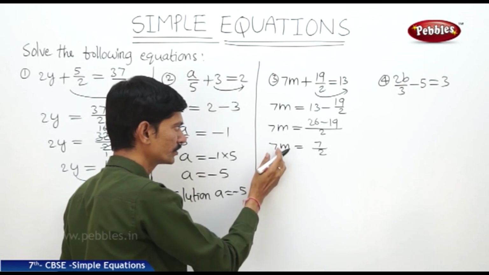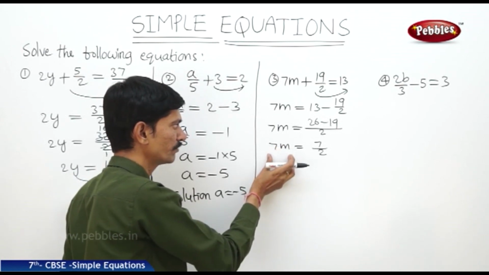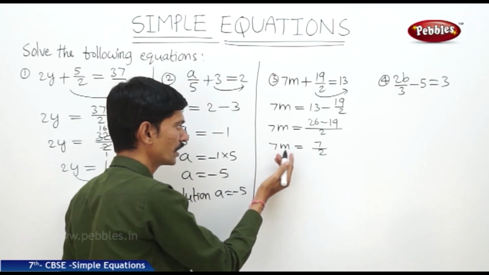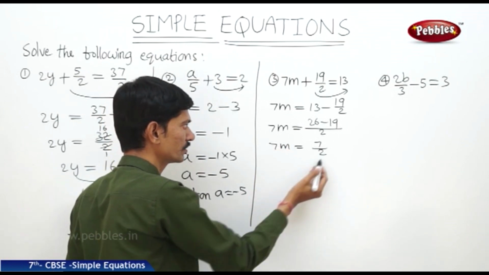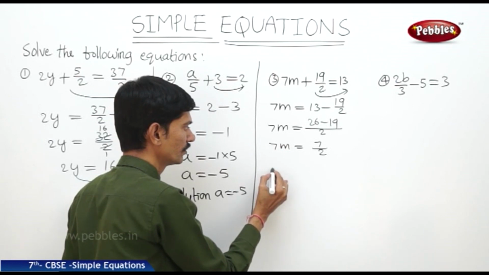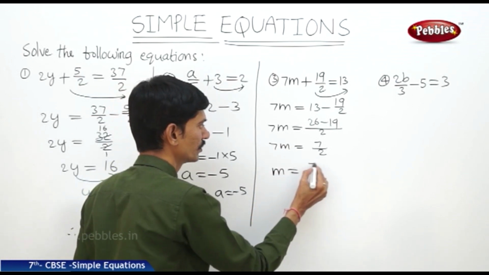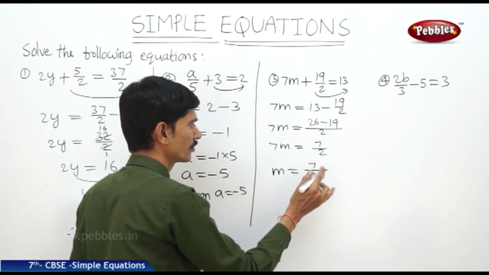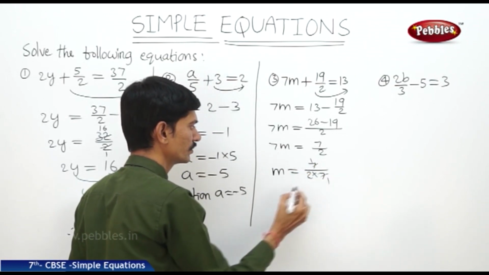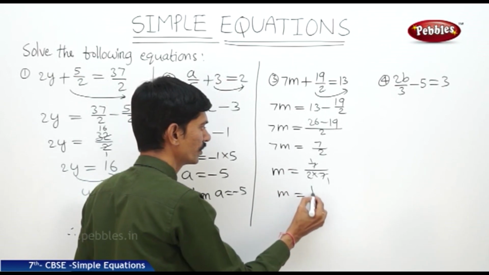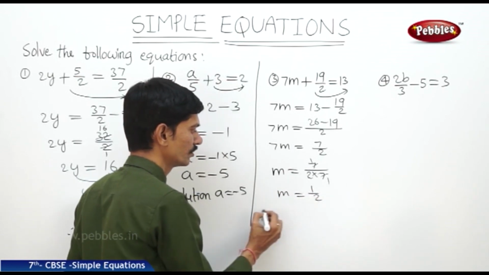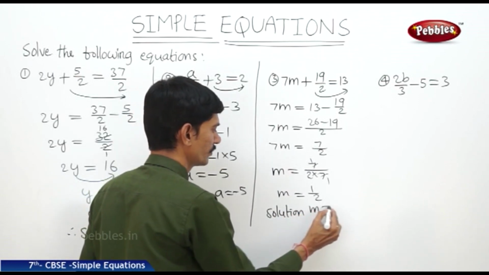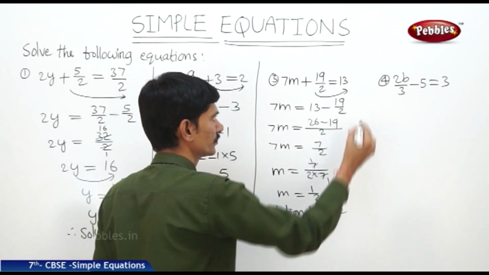Now 7m means 7 is multiplied by m. So when you transpose multiplication by 7 to the RHS, it becomes division by 7. So we get m equals 7 by 2 into 7. Now here 7 1s are 7, 7 1s are 7. So m equals 1 by 2, 2 1s are 2. Therefore the solution is m equals 1 by 2.